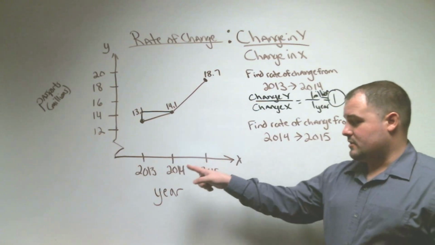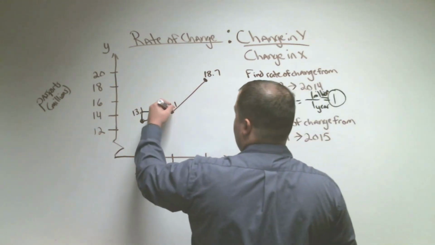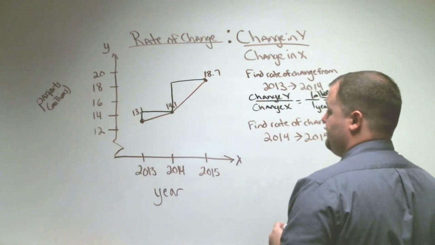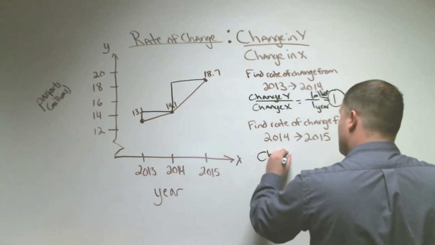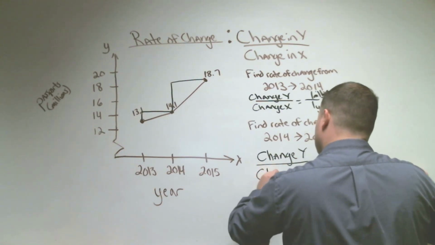Now, we're going to do 2014, 2015. This time, we're going from 14.1 all the way to 18.7. So, we're going to find the change in y first. How much do I go up or down? And then we're going to find the change in x.